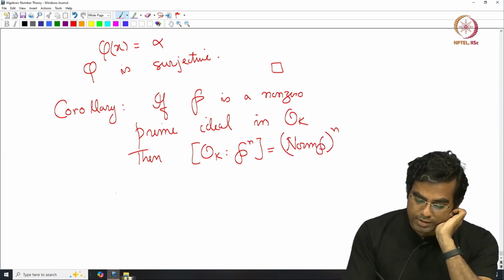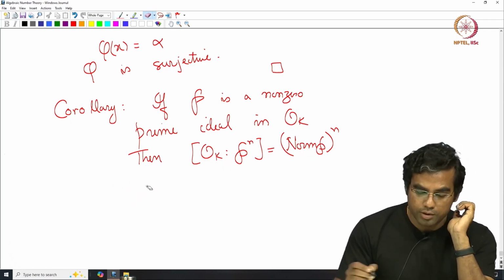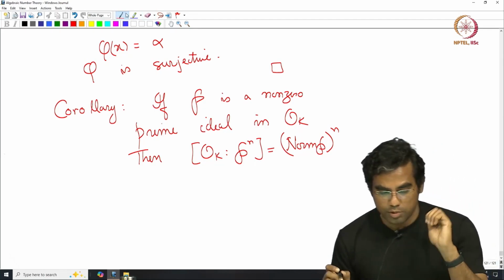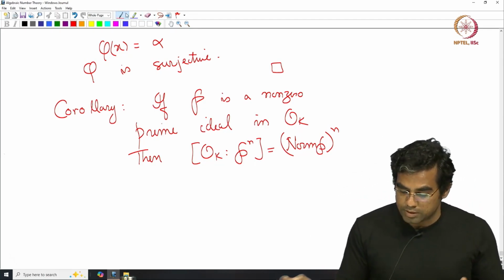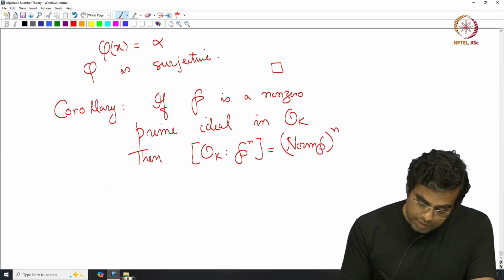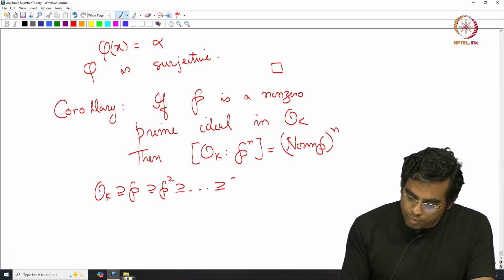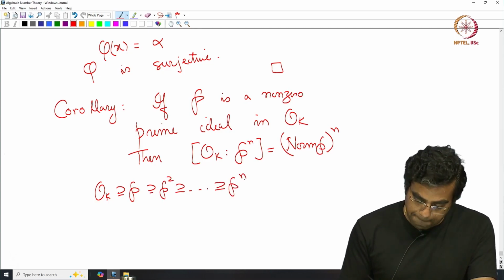And why is that? Well, this process is very important, and has even a name in mathematics, it is called dévissage. So, let me emphasize this. You have O_K, it contains P and it contains P squared and so on up to P^n.